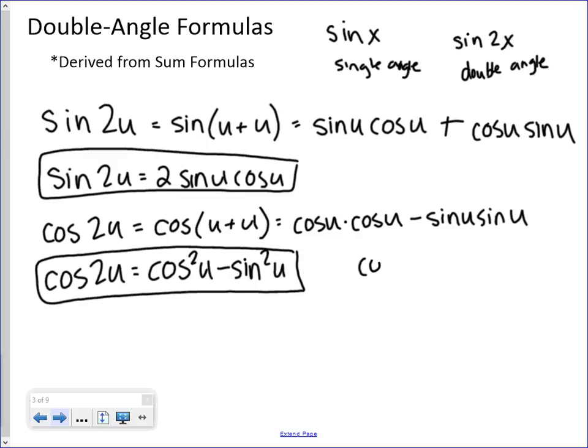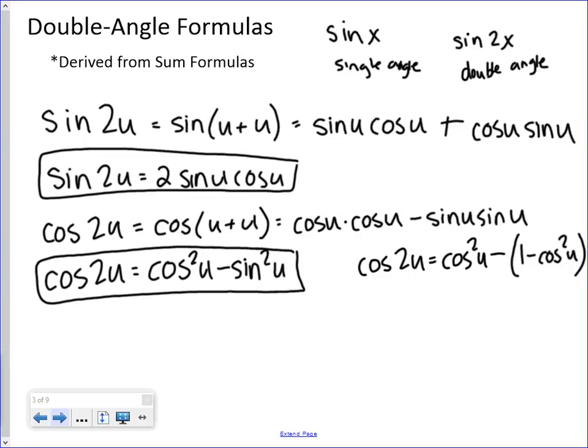We can also say that the cosine of 2u is equal to the cosine squared u minus, and then insert your Pythagorean identity for sine squared u, which would be 1 minus cosine squared u. Because both of these are squared, I could replace them with the Pythagorean identity.